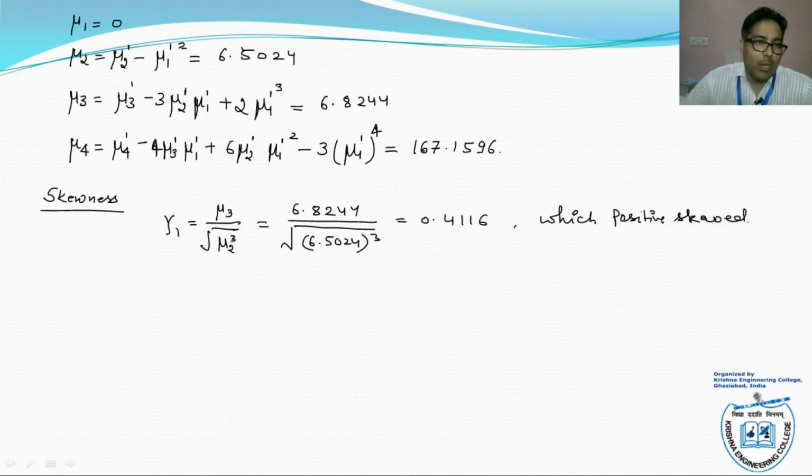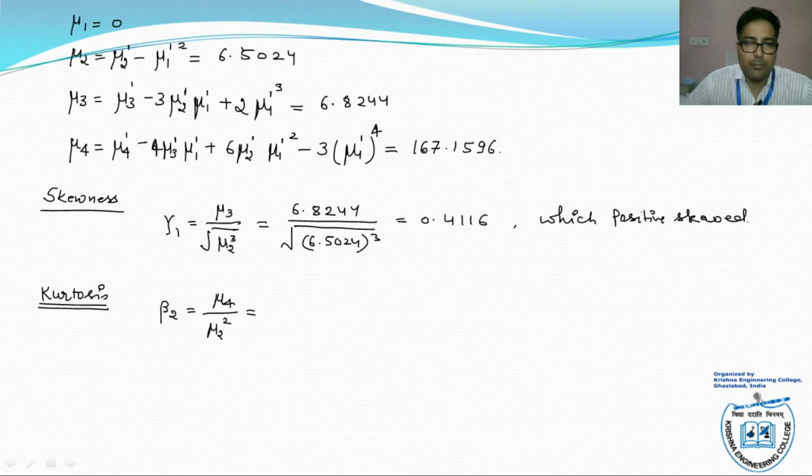Clear? And kurtosis beta 2 is equal to mu 4 upon mu 2 square. The value of mu 4 is 167.1596 divided by mu 2 square 6.5024 square.